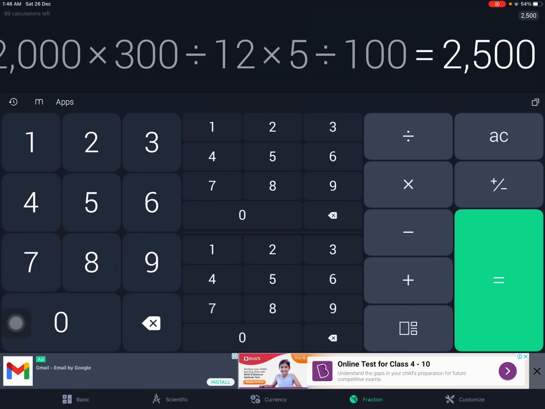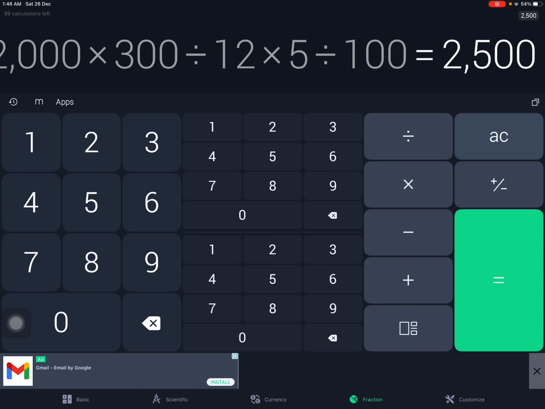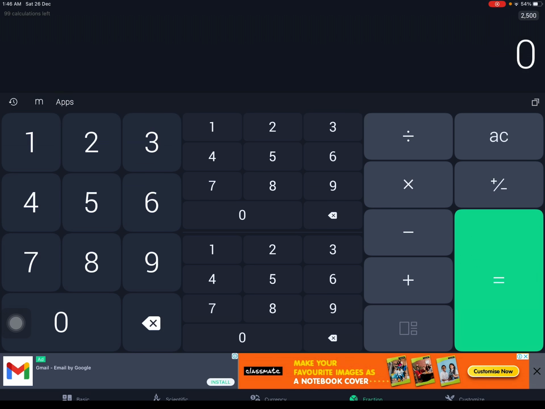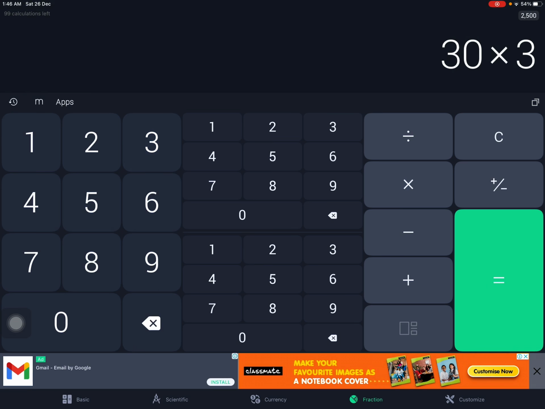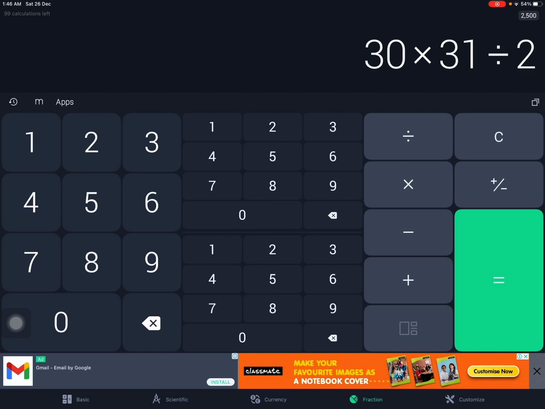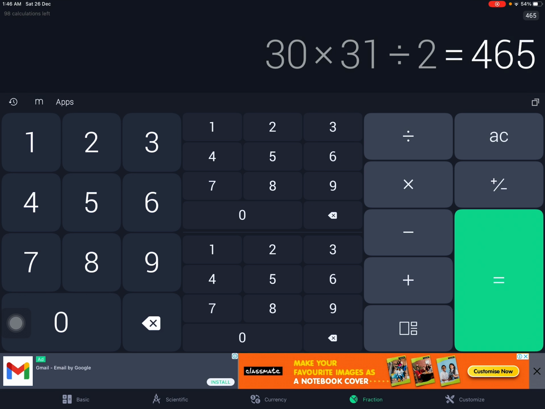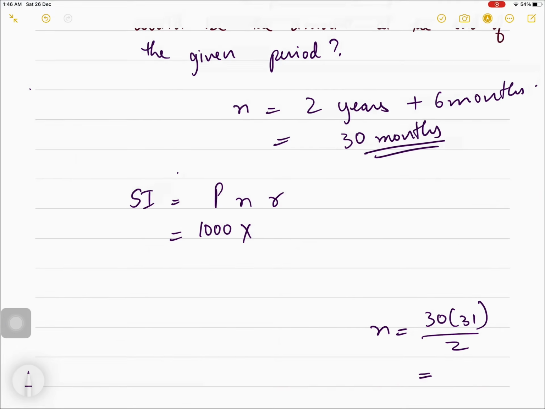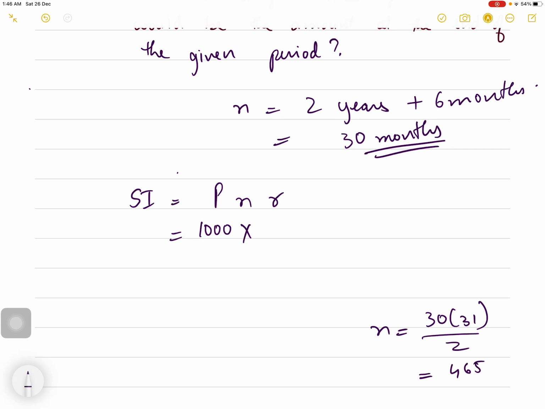Let's calculate. 30 into 31 divided by 2 comes to 465. So total 465 months. So 1000 you are investing for 465 months. So 465 divided by 12 into interest. Interest is 5%, so 5 upon 100.